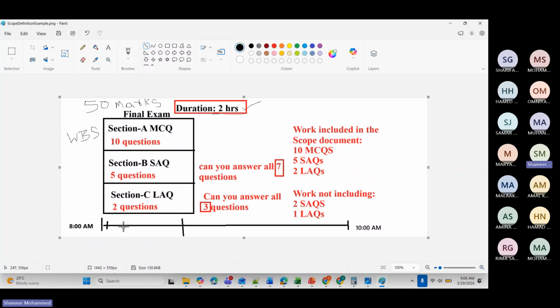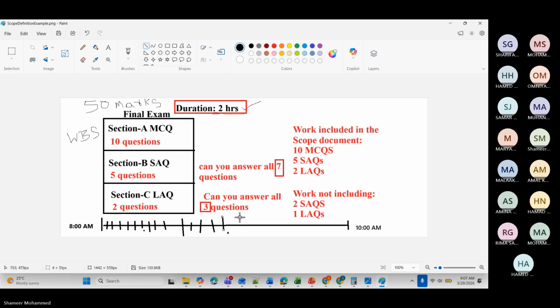Multiple choice has 10 questions: 1, 2, 3, up to 10. You have 5 short answer questions: 1, 2, 3, 4, 5. And you have long answers: 1, 2, 3, or something like that.